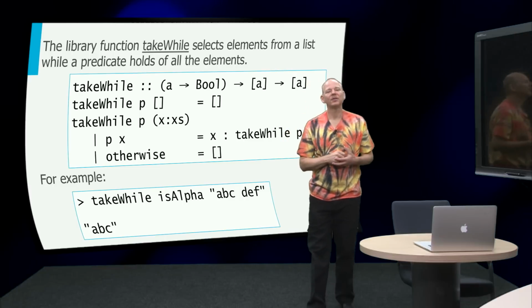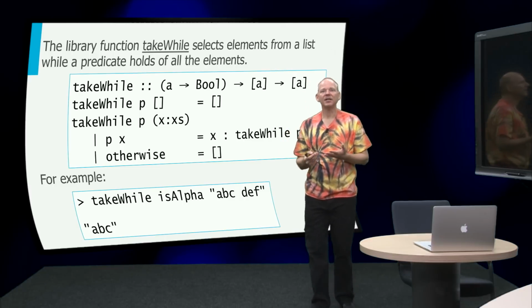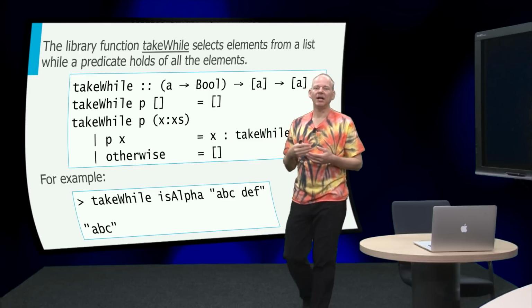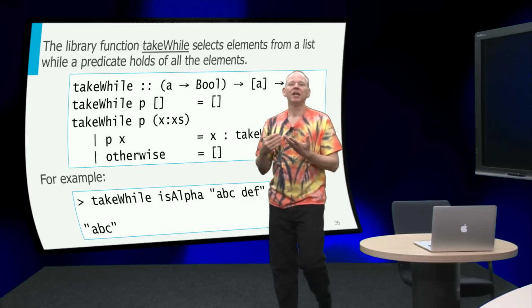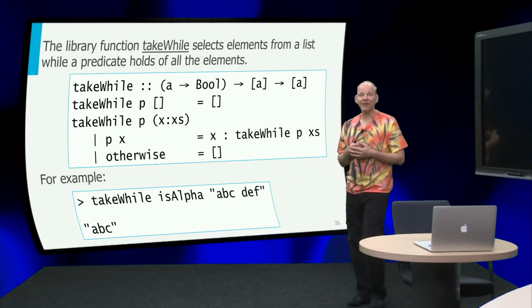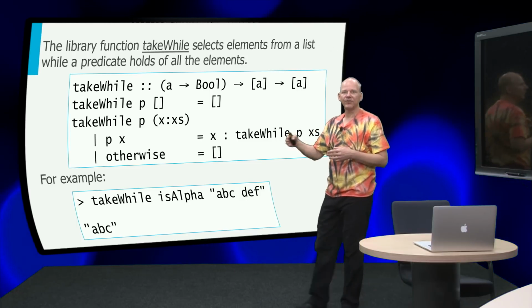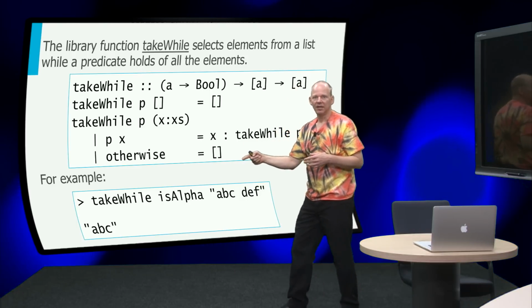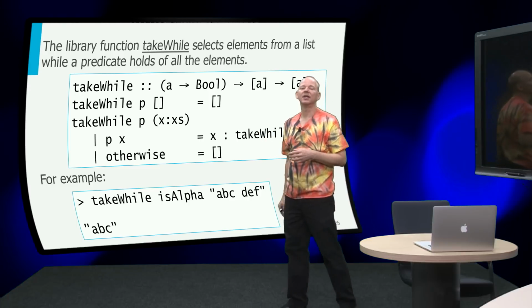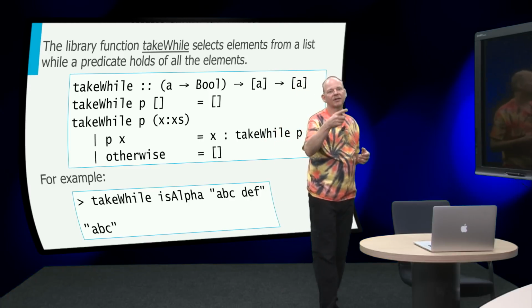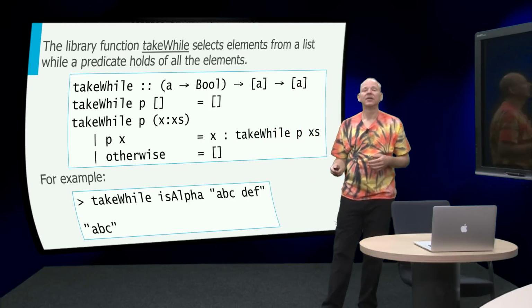So for example, we can have a string, and we can take characters from this string as long as they are letters by doing takeWhile isAlpha, and it will take ABC, and since the space is not an alphanumeric character, it will terminate right there.